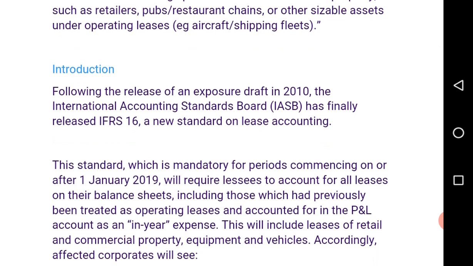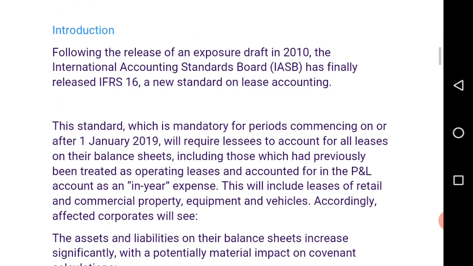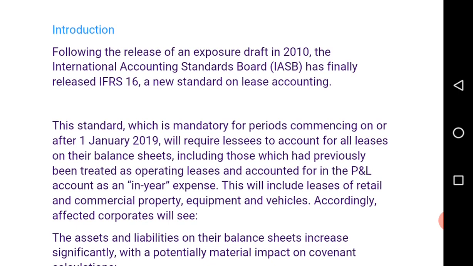I'll take it slowly. It will require lessees to account for all leases on their balance sheet, including those which had previously been treated as operating leases and accounted for in the profit or loss account as an in-year expense.